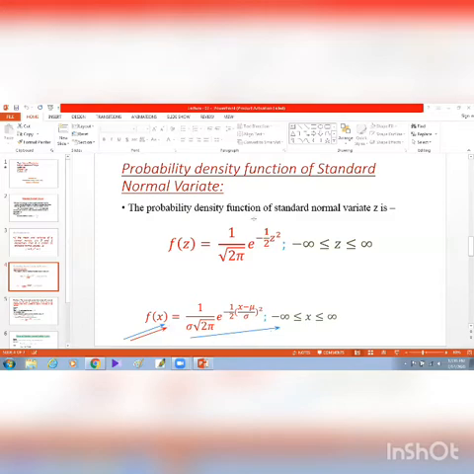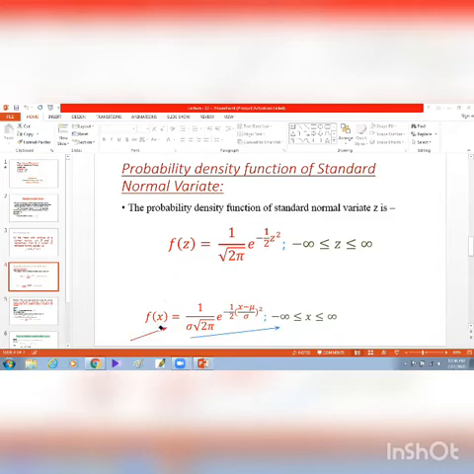Now, since in the case of the standard normal variate the mean mu equals 0 and the sigma square equals 1, that is sigma equals 1 also, in that moment if we replace the values here, as a result we get 1 divided by root 2 pi e to the power minus half z square, where z lies between minus infinity to plus infinity, and this is the probability density function of the standard normal variate z.